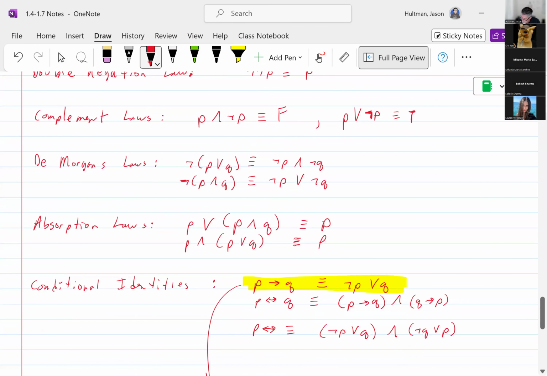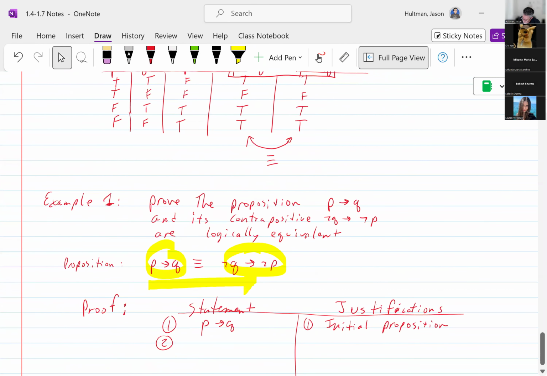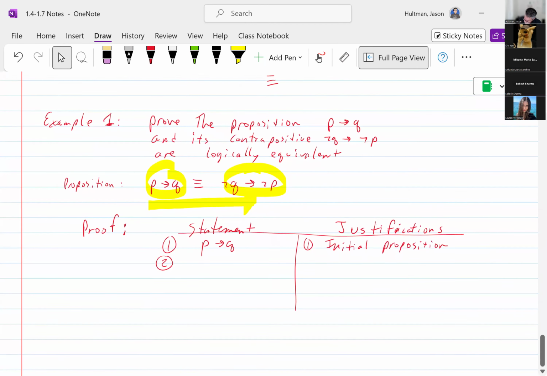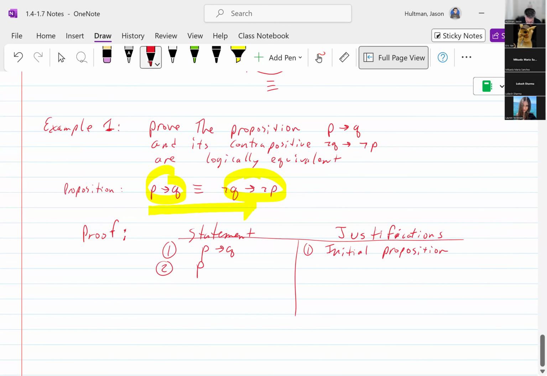The one that we just proved was this one highlighted here, that P goes to Q is logically equivalent to not P or Q. So let's use that as our second statement: not P or Q. And this is a conditional identity.